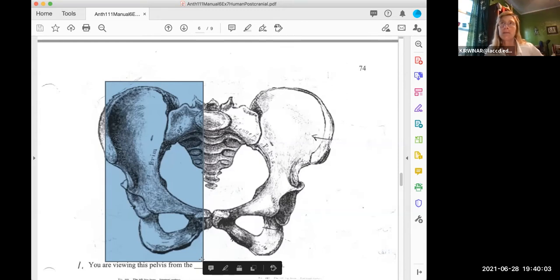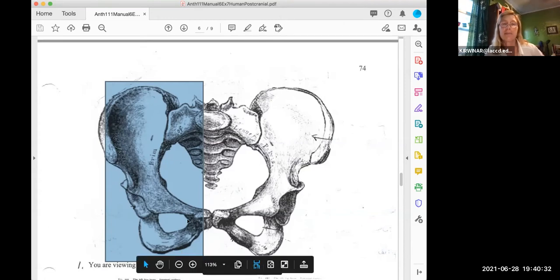So O-S space C-O-X-A. Now, when you are born, any newborn human, each os coxa is in 3 different sections. And so those sections, after they fuse together into one bone, still are named 3 different names.